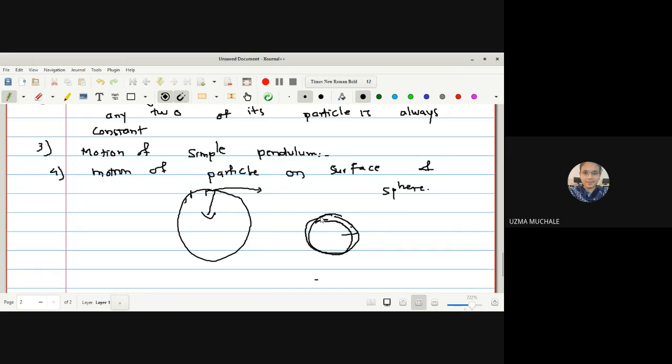You have to put one particle and move that particle on the surface of that sphere. So you can feel that the restriction on that particle is that the distance of the particle from the origin is fixed, and that distance is nothing but the radius.